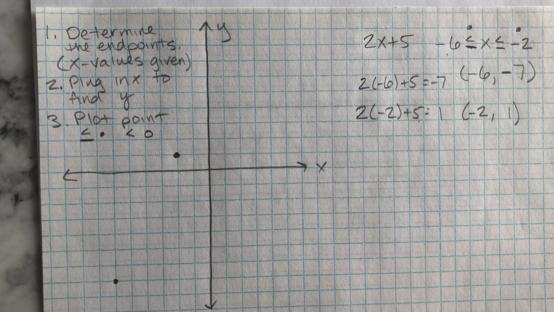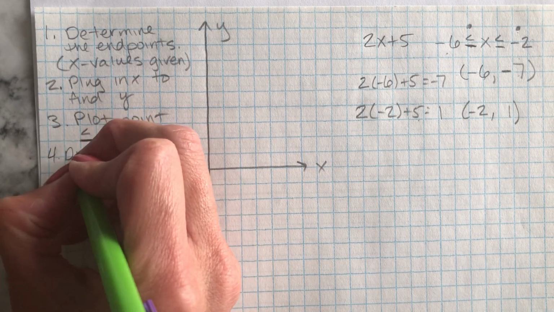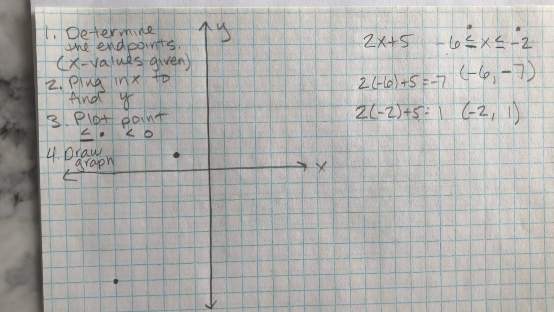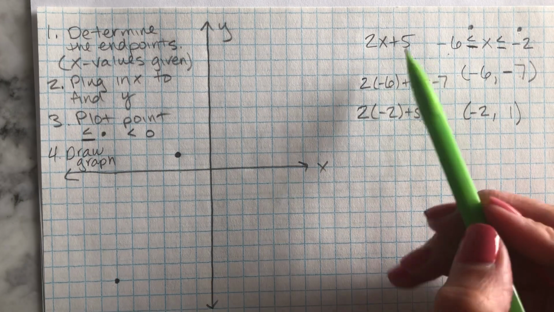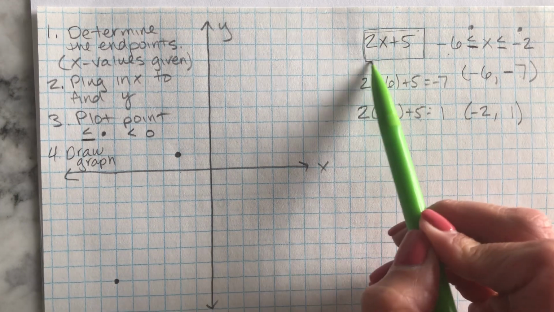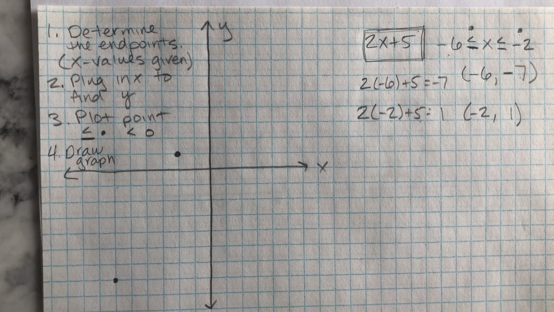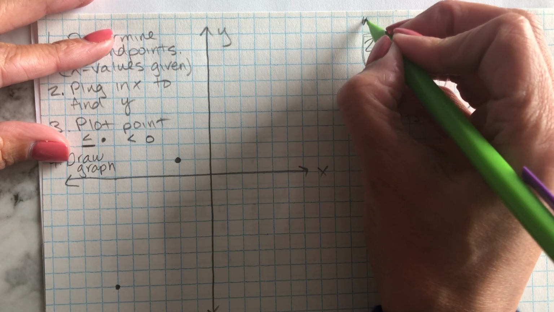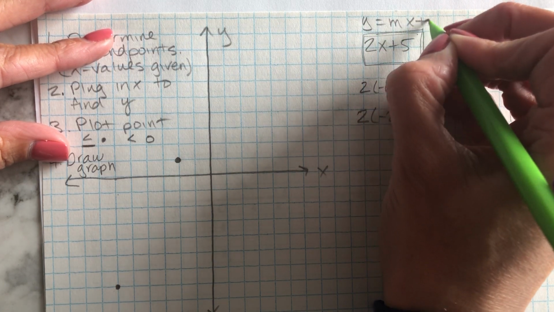Now I just need to draw the graph for this piece. I'm going to look back at my original equation, 2x plus 5. That falls under a linear. We know that linear functions take the form y equals mx plus b.